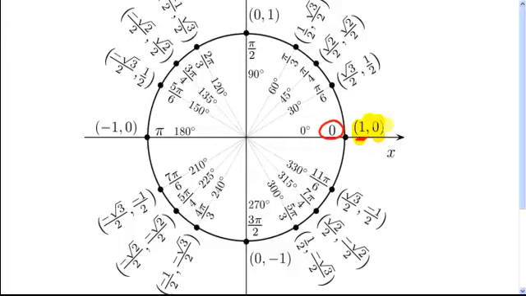So the cosine graph always starts at 1. Versus my sine, remember your sine is your y's, the sine starts at 0. So that's actually at the 0, 0 coordinate point for sine. Cosine always starts at that max, which is 1. So always keep that in mind. If you ever get confused, think about your unit circle and which point starts where. Because if you start with the wrong graph, everything's going to be thrown off.